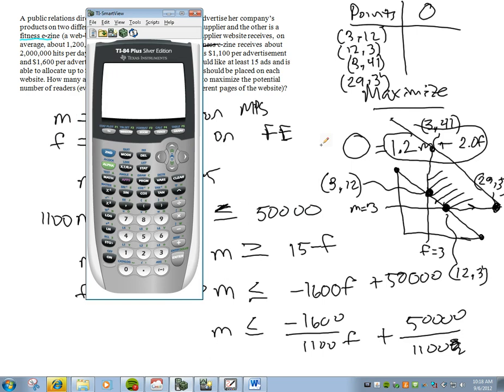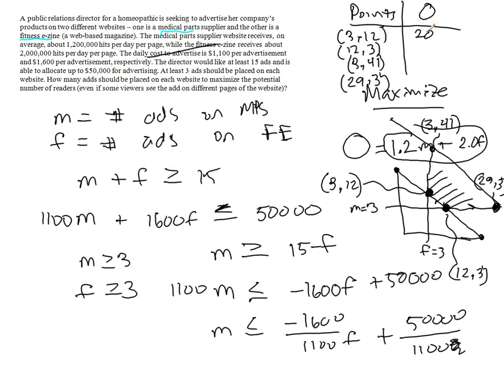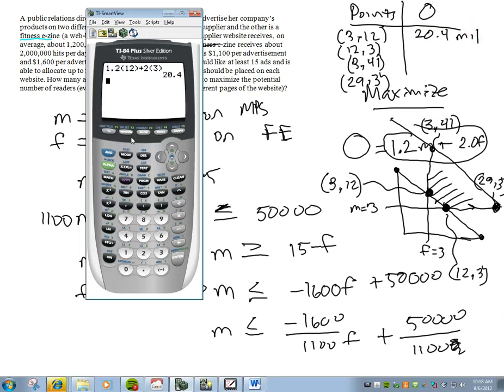So we know that the objective function is 1.2 times the m value. The m value is actually the y, so don't forget that. That's 12 in this case, plus 2 times the f value, which is our x. That's the 3. And now we'll hit enter, and we see that the number of viewers would be 20.4 million.